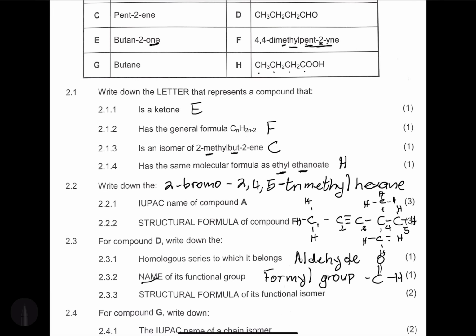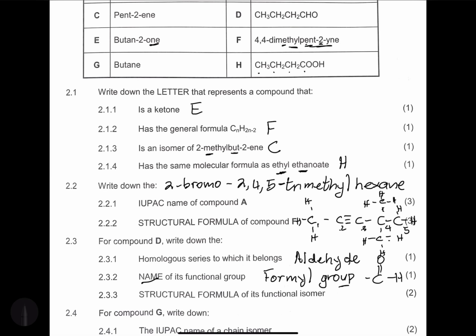They have the same molecular formula, but the functional group is not the same. Ketones have got the carbonyl group, and these ones have got the formyl group. So they asked for the structural formula of its functional isomer. So I'm going to draw the structure.